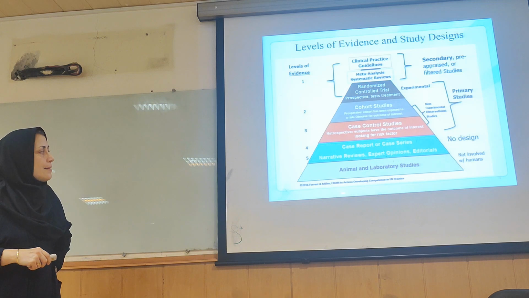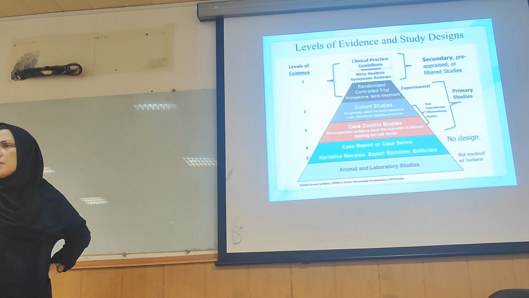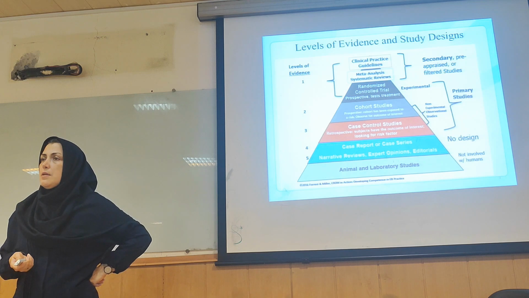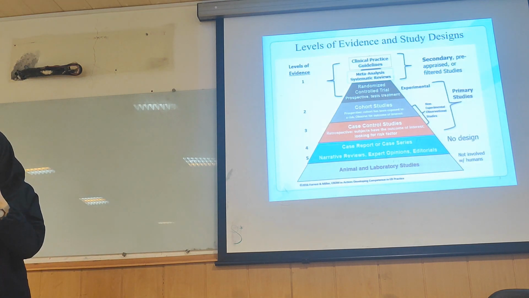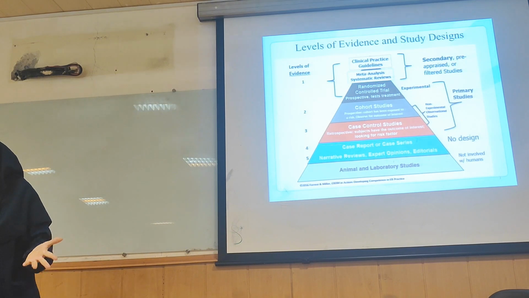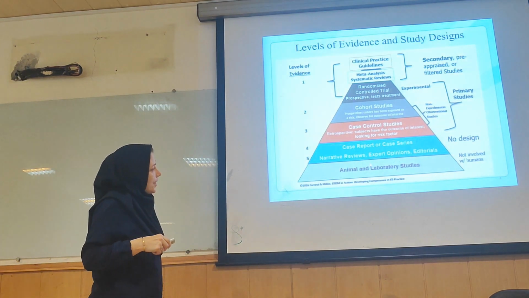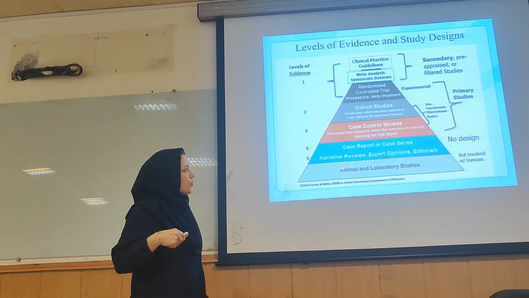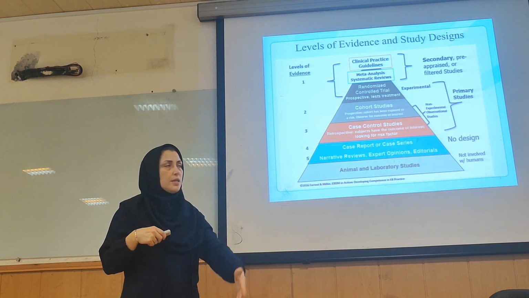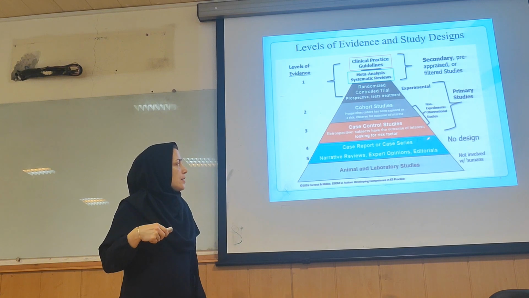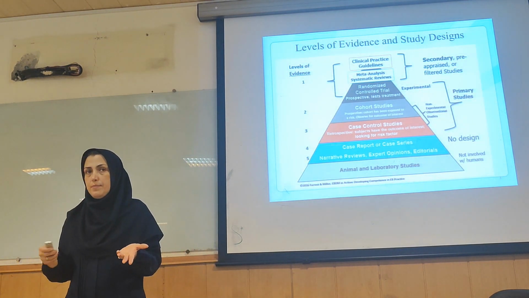At the bottom of this pyramid, you have animal studies, laboratory studies. You cannot rely on these for humans. After that, you have case report or case series, narrative reviews, expert opinions. These studies have no design, just description.